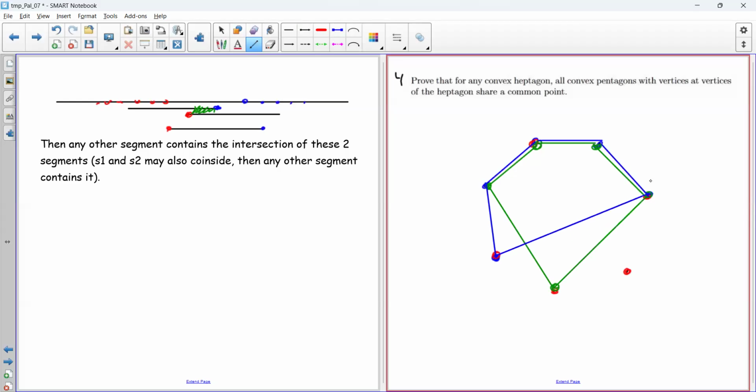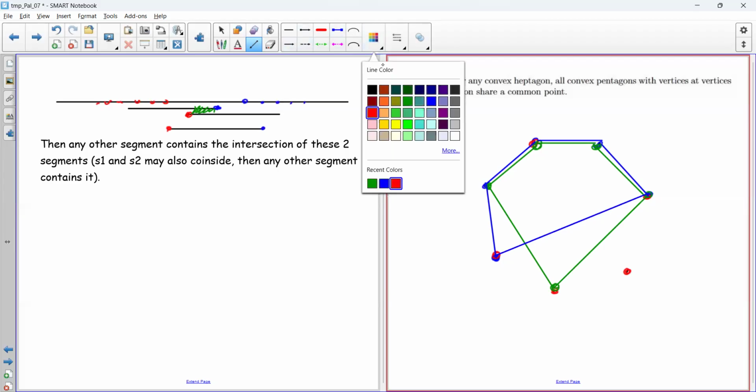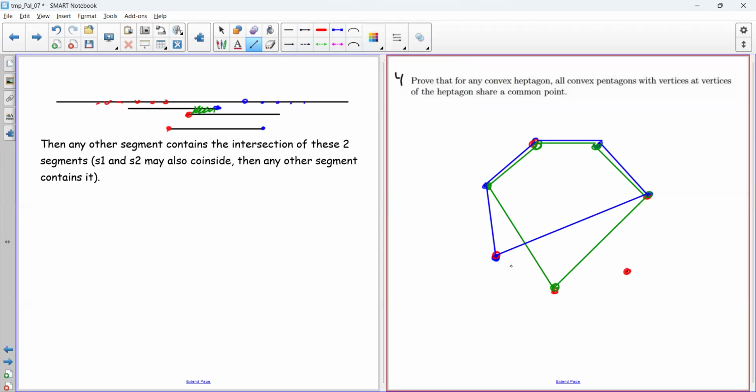Like this. And like this. So on this picture it is quite trivial that there is an intersection of these 3.